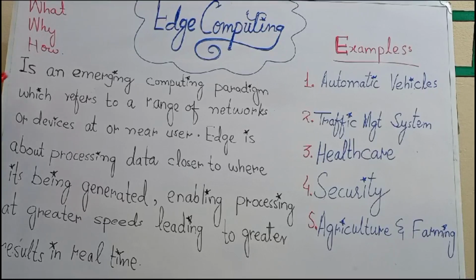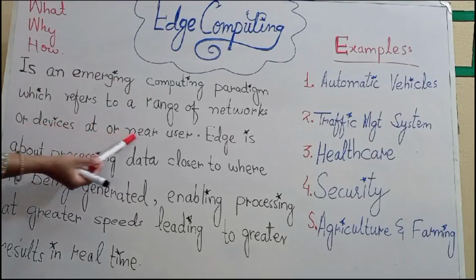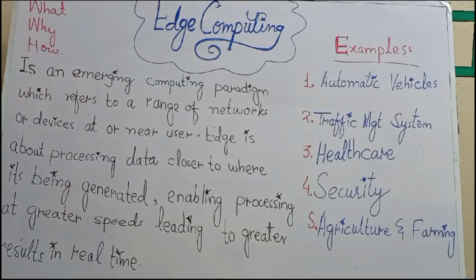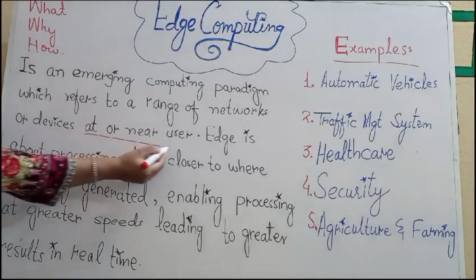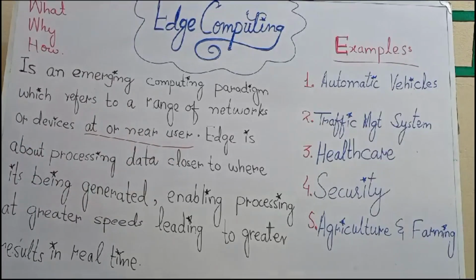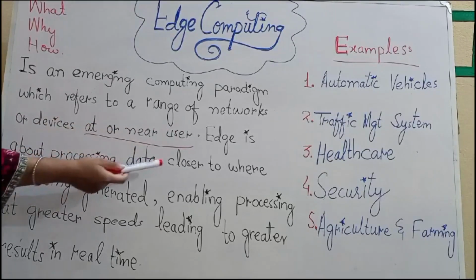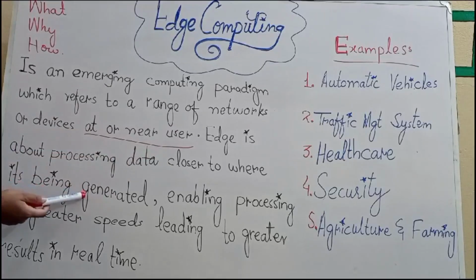Here is an emerging computing paradigm which refers to a range of networks or devices at or near the user. You have to focus on one thing, that is, at or near the user. Further, edge is about processing data closer to where it's being generated.